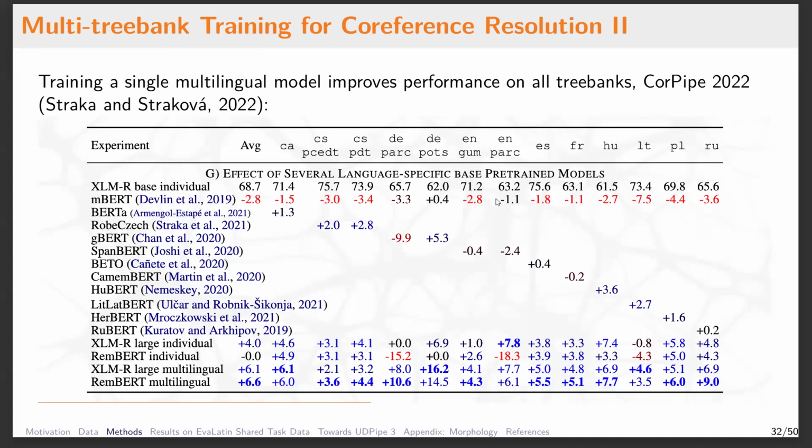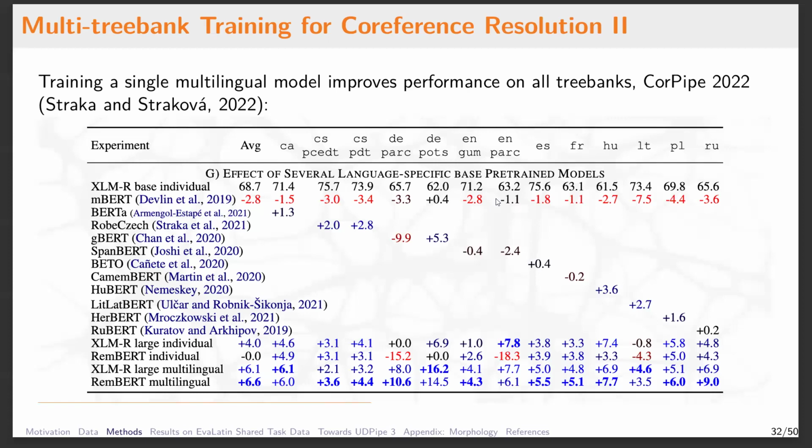But now why this slide is here, let's go from training large Roberta multilingual individually to multilingual training. And by multilingual, I mean all these data sets sampled into training data according to a nice probability distribution. And you see these are increments relative to the baseline. So you need to add them.